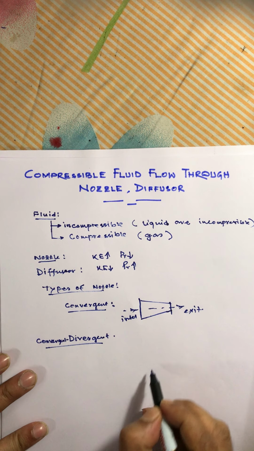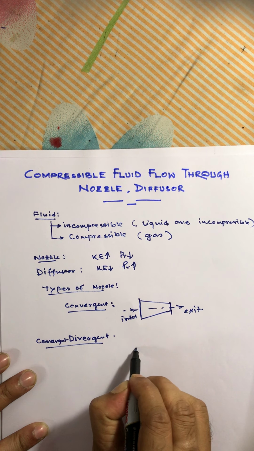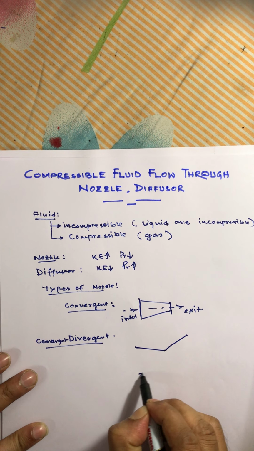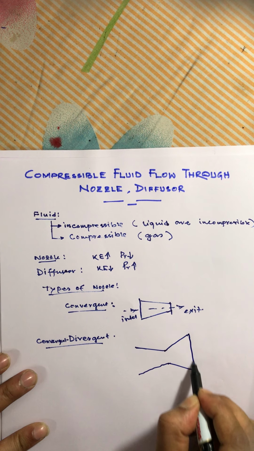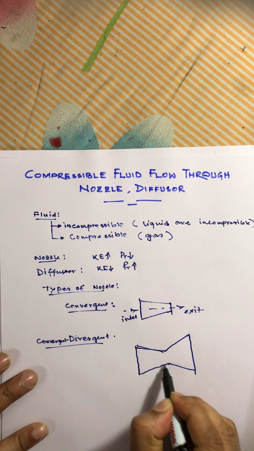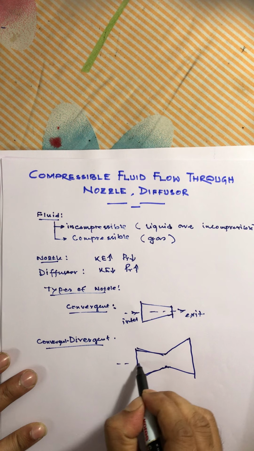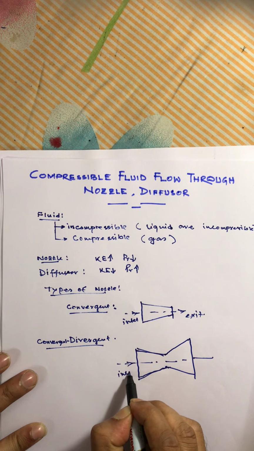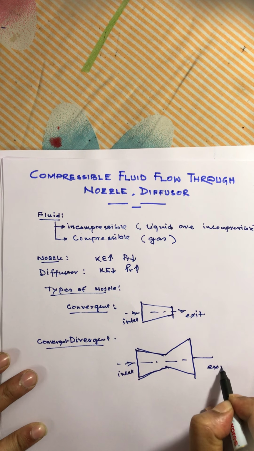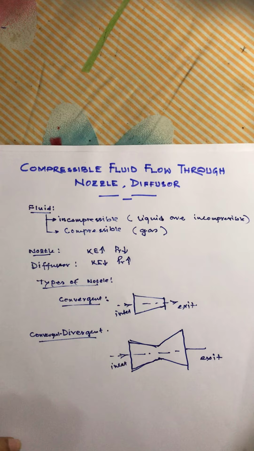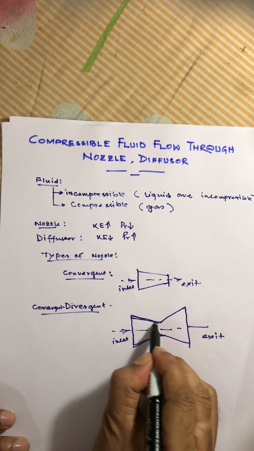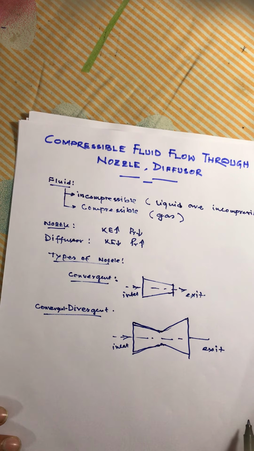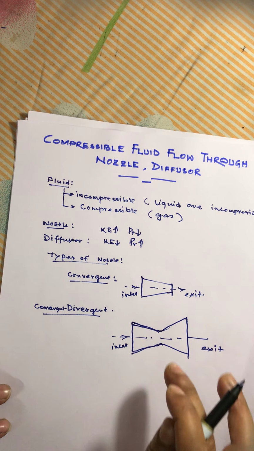If I draw the convergent-divergent nozzle, first the area is going to decrease, then increase. So, this is the convergent-divergent nozzle, with inlet and exit.